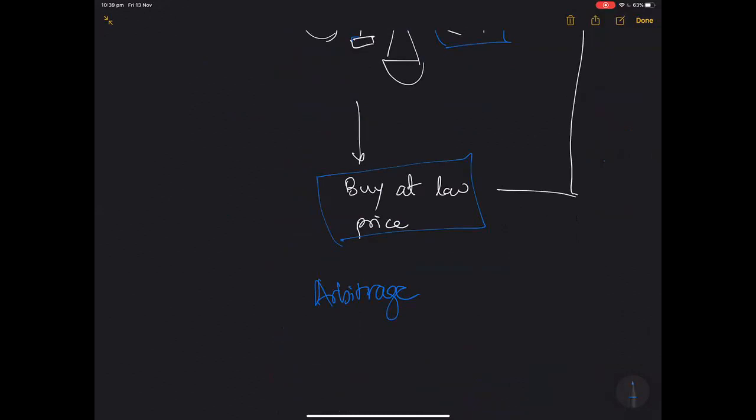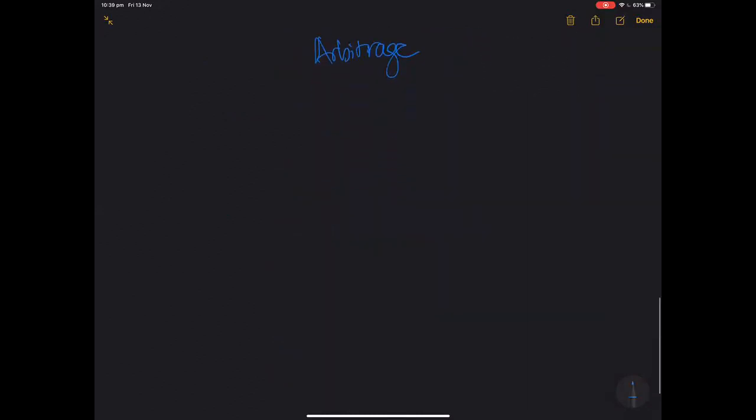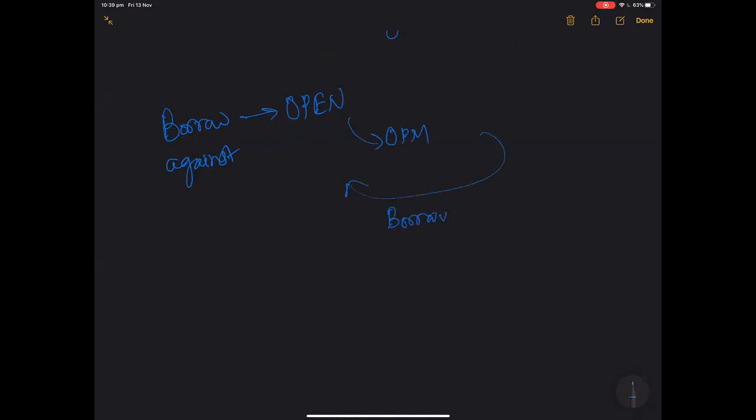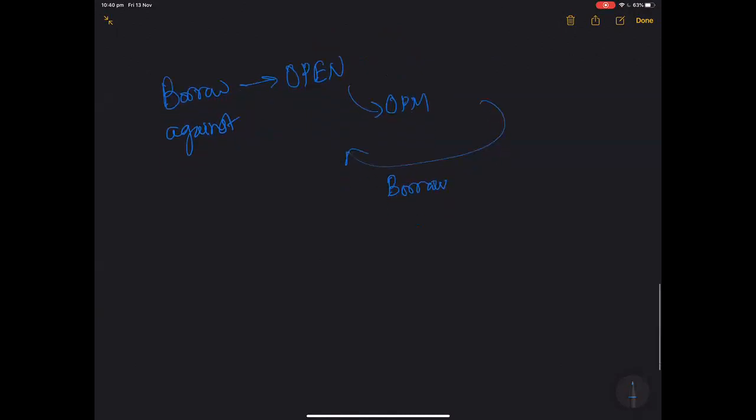There are other levers we are going to pull as well to support the Open token's price as well as utility going forward. A couple of them are: you will be able to borrow against it. So you will be able to stake Open tokens and borrow DAI on the OPM. The second thing is you can stake Open tokens and also earn DAI. What this means is you can go on the OPM and borrow DAI up to the collateral factor which we think is appropriate.